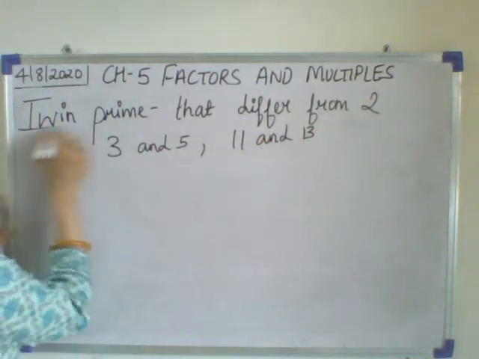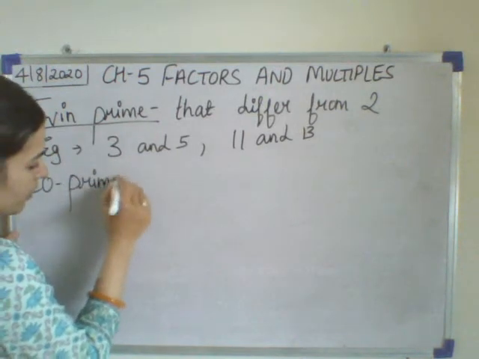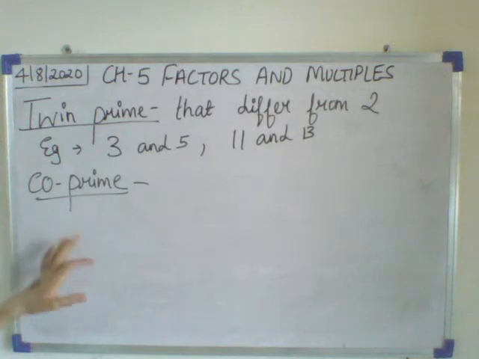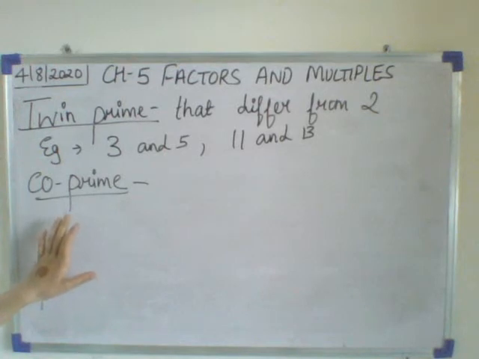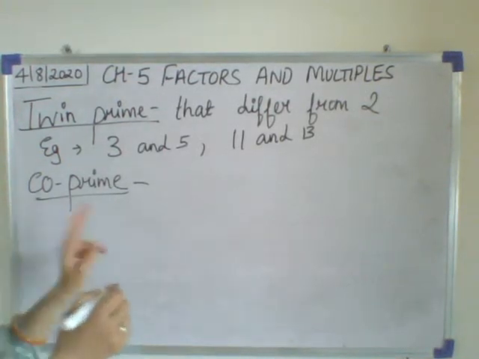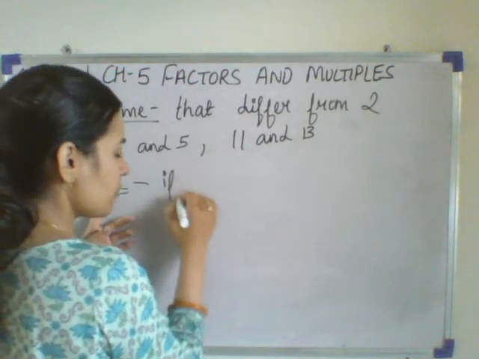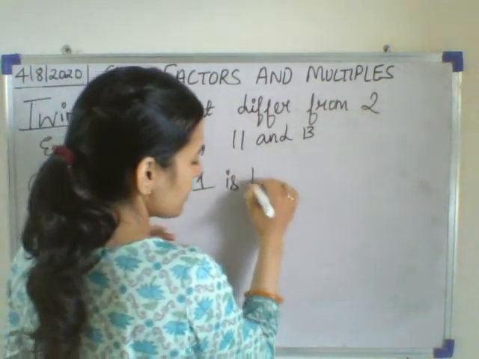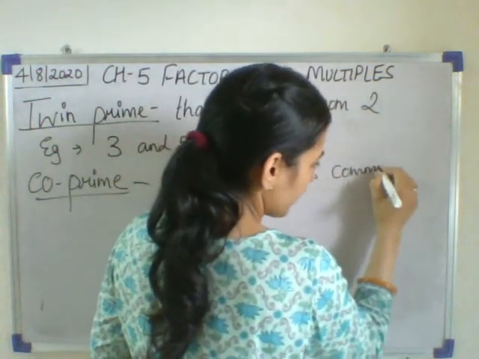The next are co-primes. What are co-primes? Two natural numbers are said to be co-prime if they have only 1 as a common factor.